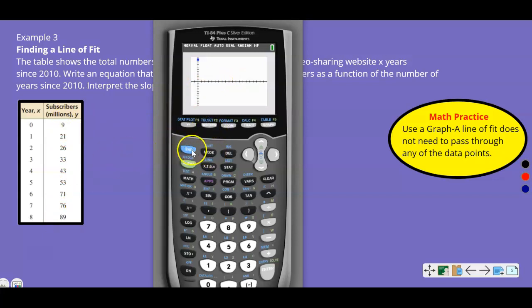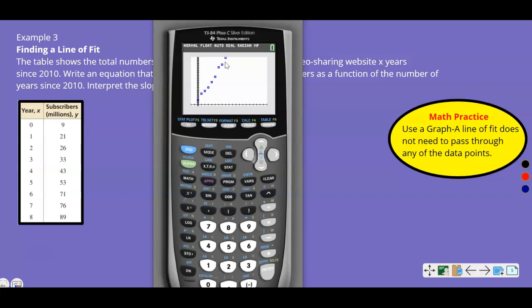So let's go to Window and change my y positive number. My y max has to go up to at least 90. Let's also change the y minimum. We don't need that, so we'll change it to a small number like negative 2. Now you can see the points from your table. This is your scatter plot.